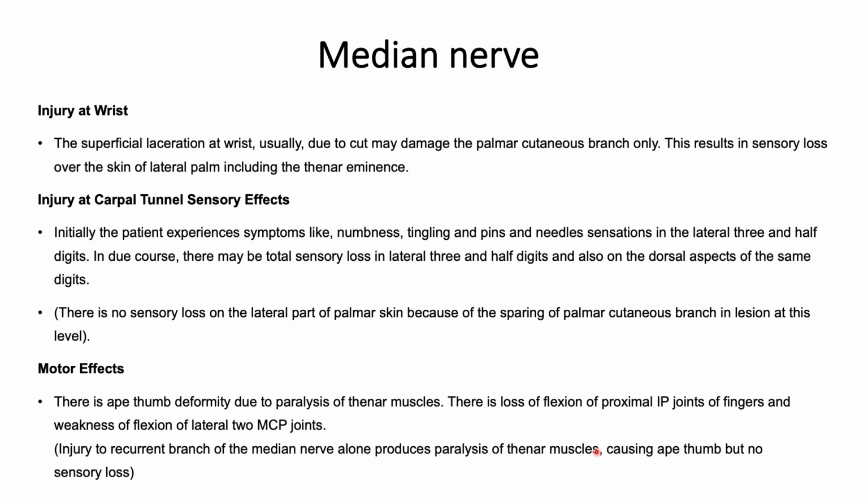If only that recurrent branch is affected, it affects the motor branches for the thenar muscles, but there won't be any sensory loss. So these are the different median nerve palsies at different areas and different kinds of lesions.